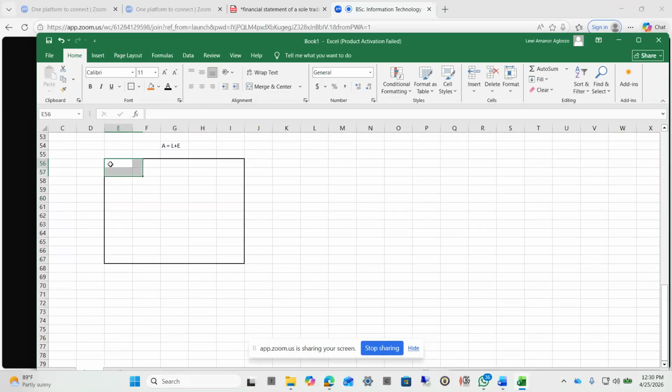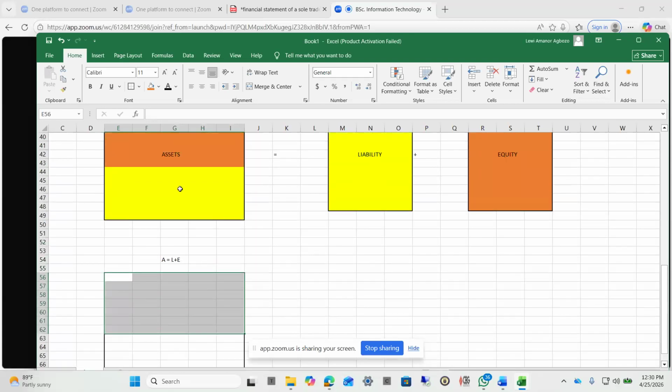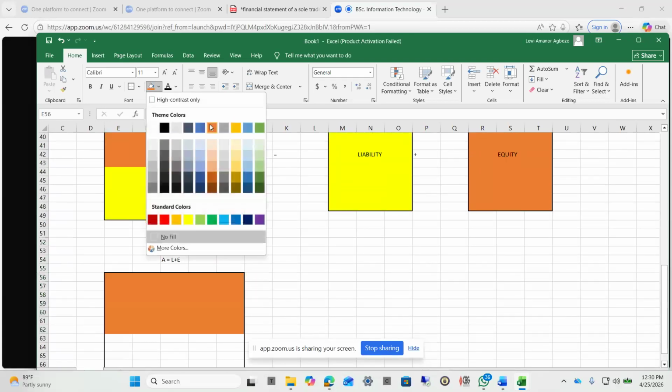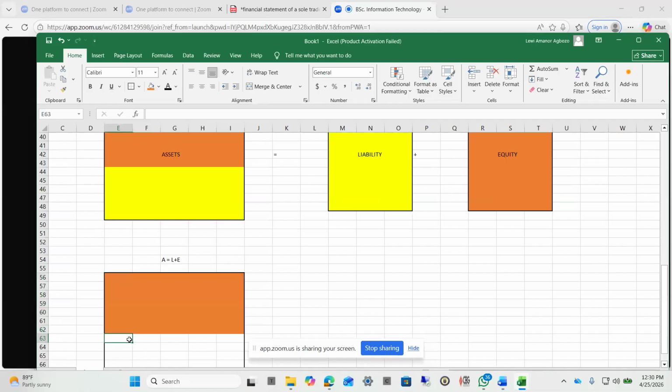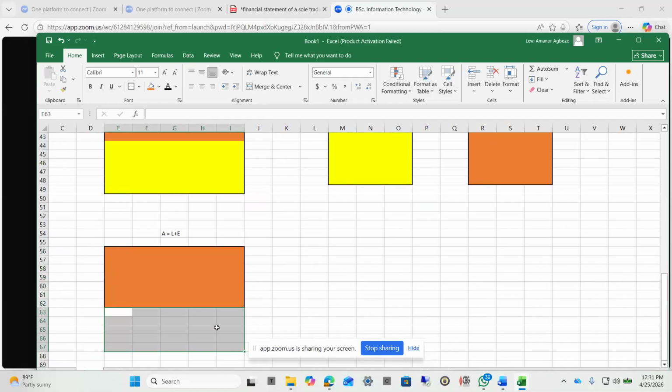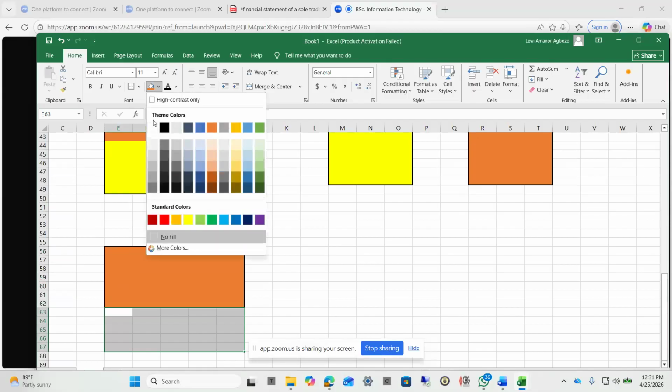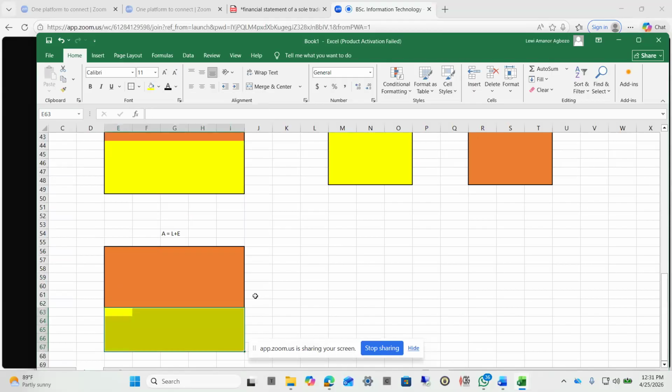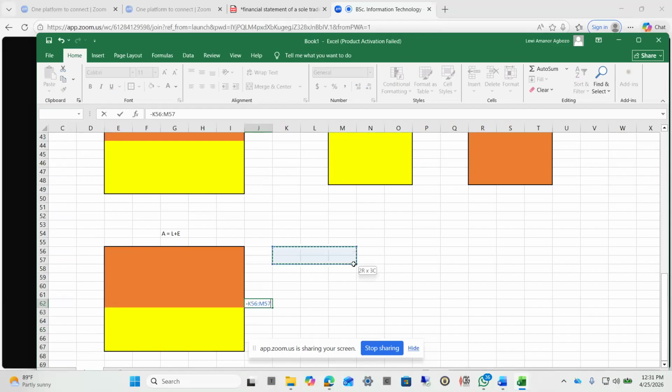So if you take this box, or this is the asset we have, and you subtract this, this is just a minus sign, right?